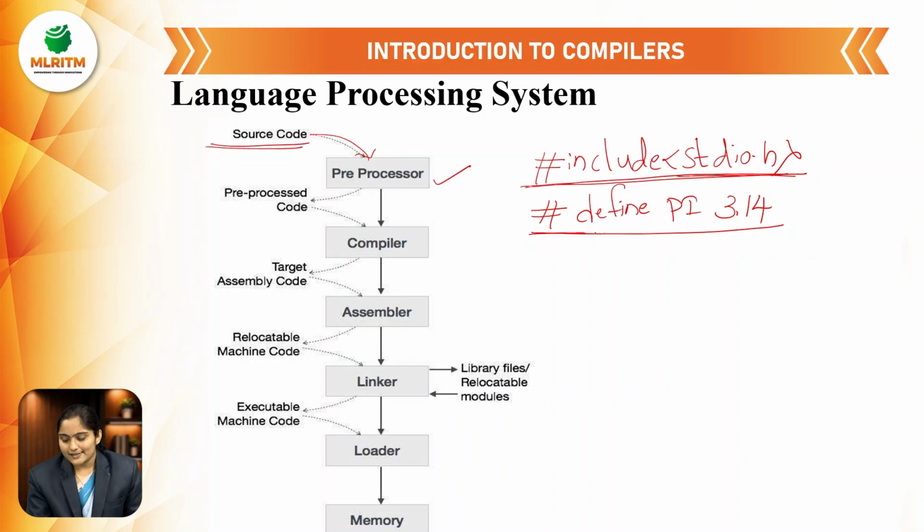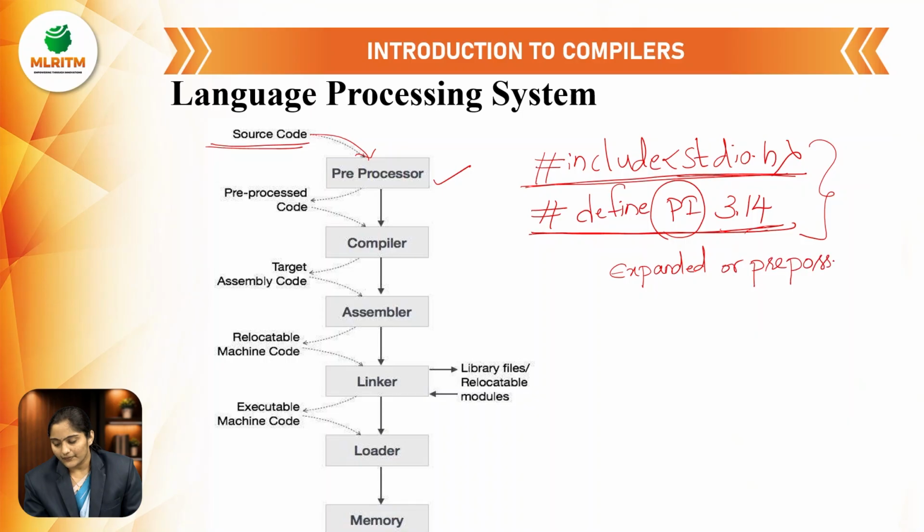And for symbolic constants, it replaces the symbols with their values. So the preprocessor takes the source code as input, removes these kinds of statements, and gives you the expanded or pre-processed source code. This pre-processed source code doesn't contain any preprocessor directives or symbolic constants.